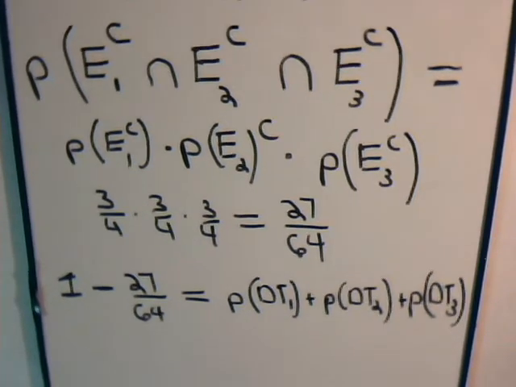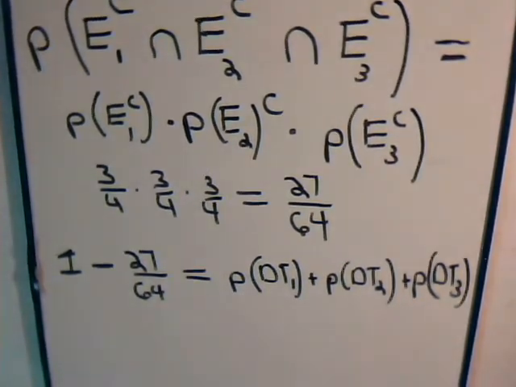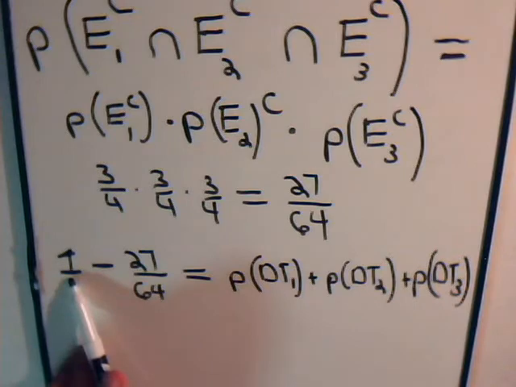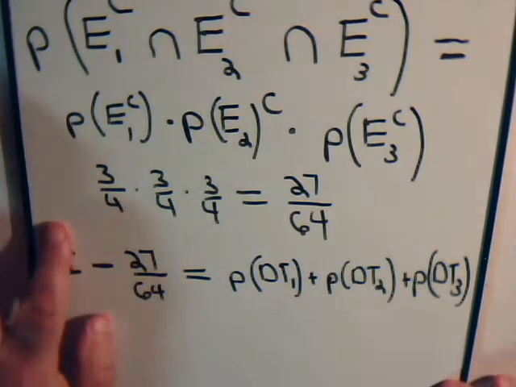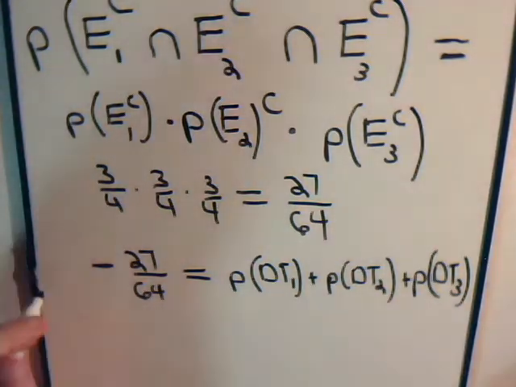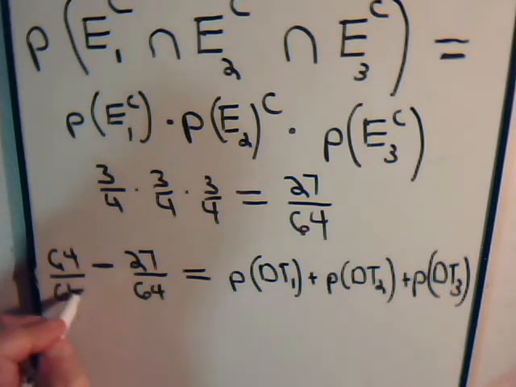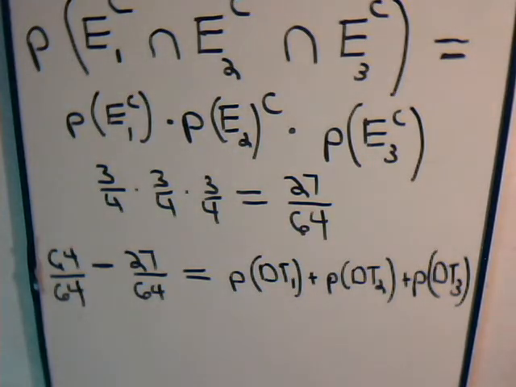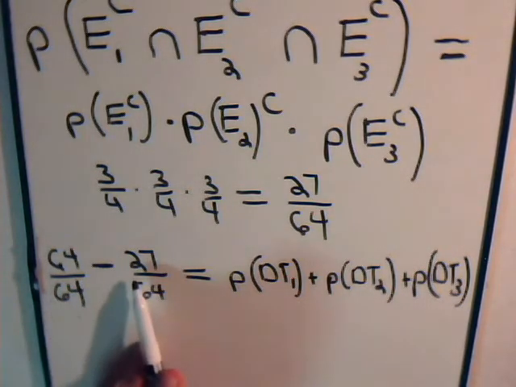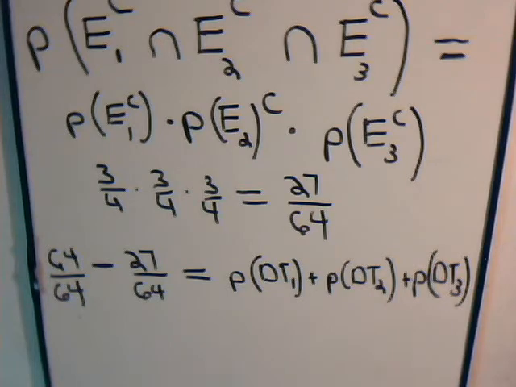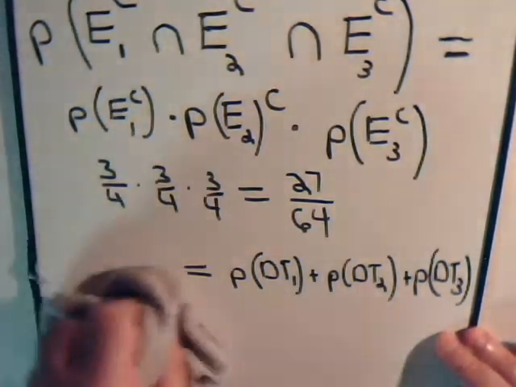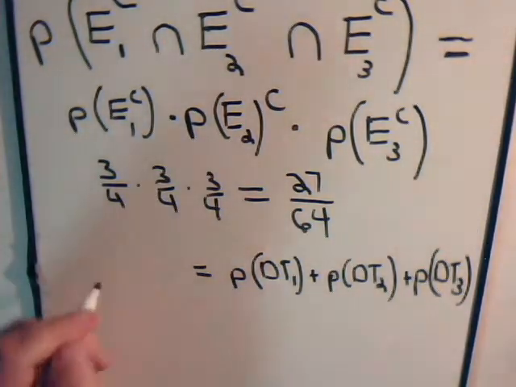Well, look at this closely now. This is 64 over 64. 64 minus 27 is 37. So we have 37 over 64.